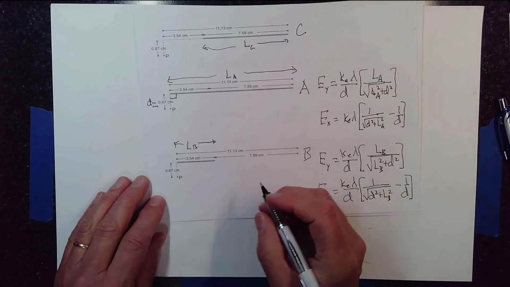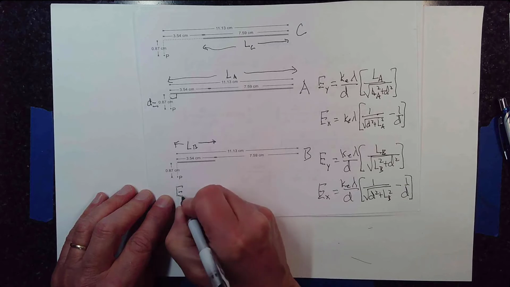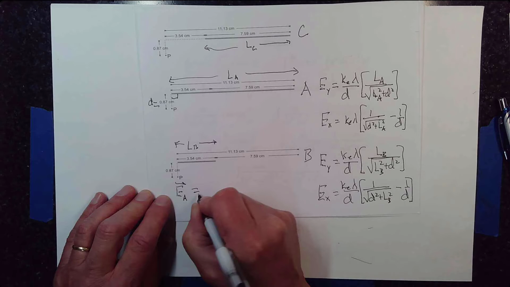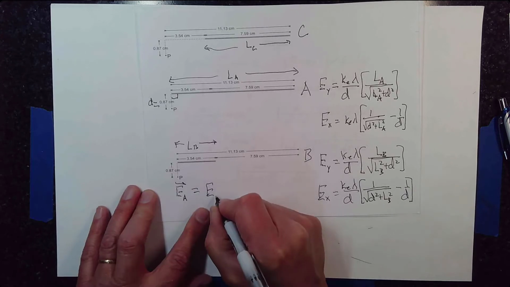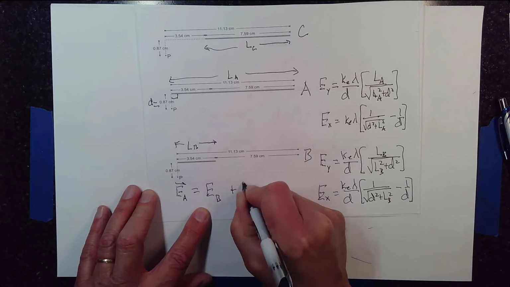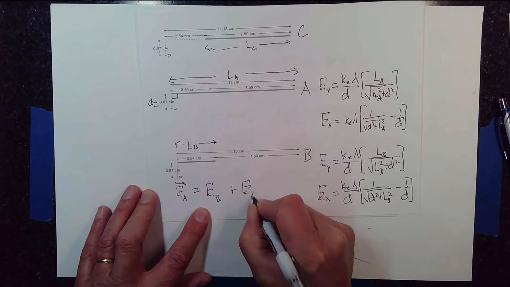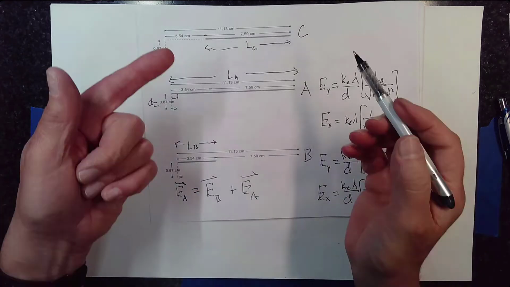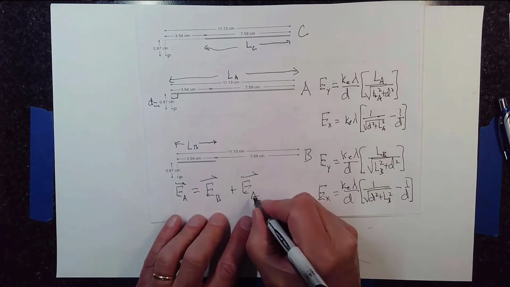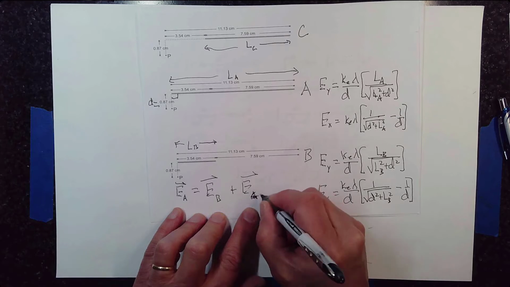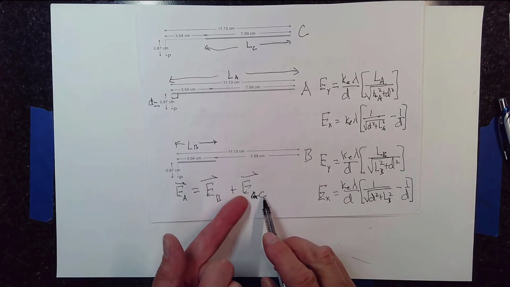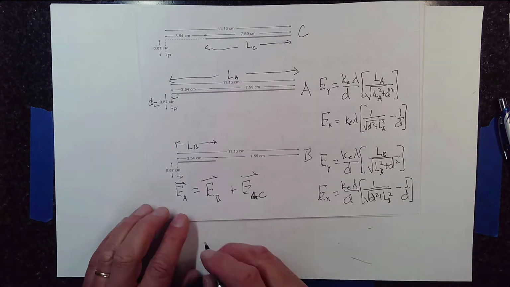So what that means is E due to situation A is going to equal the electric field of situation B plus the electric field of situation C. Whoops, made a mistake here, one of these was supposed to have a C on it. There we go. It's the electric field of situation C that I want to know, so it's just going to equal E sub A minus E sub B.